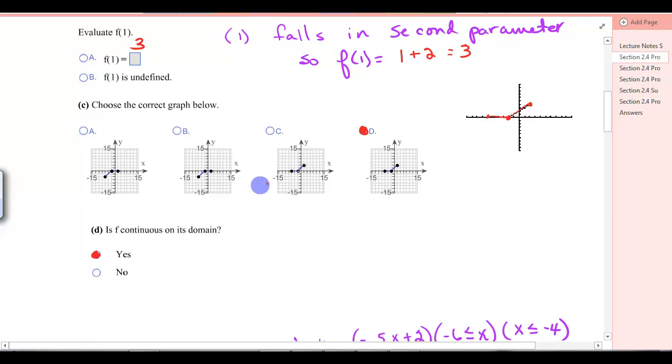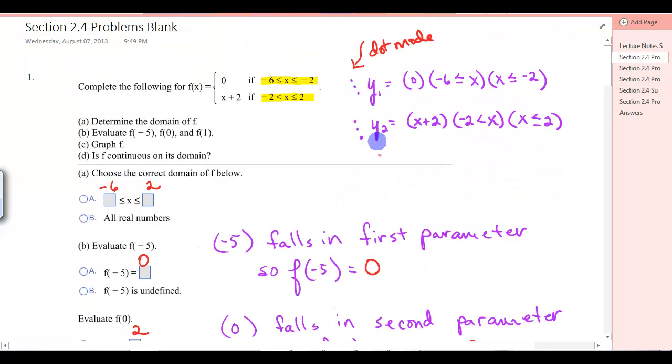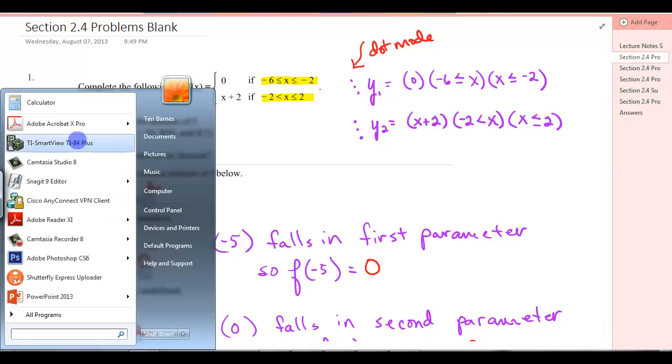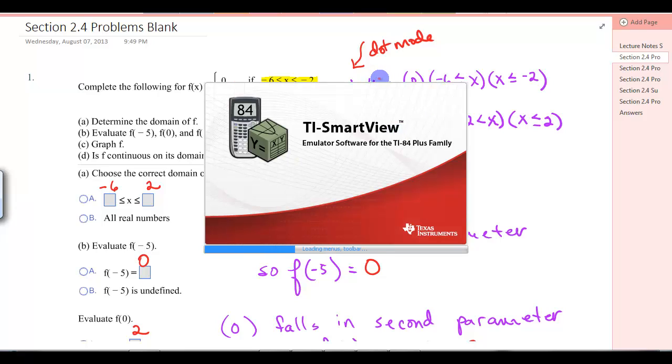All right, now we're supposed to choose the correct graph. Here's where I've put how you would need to put it in your calculator. So I will do this one for you. Let me get my calculator open. While it's opening, just remember the few things that we talked about. You have to put it in dot mode.